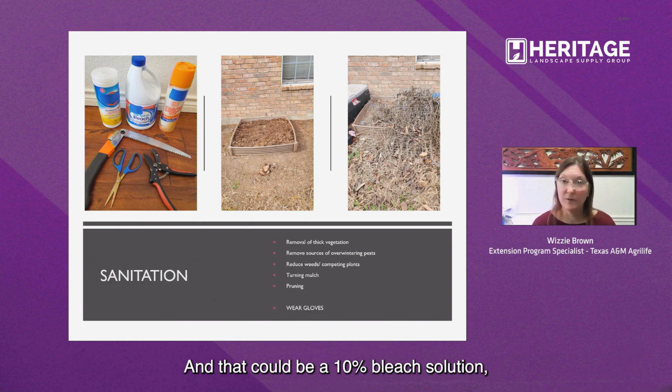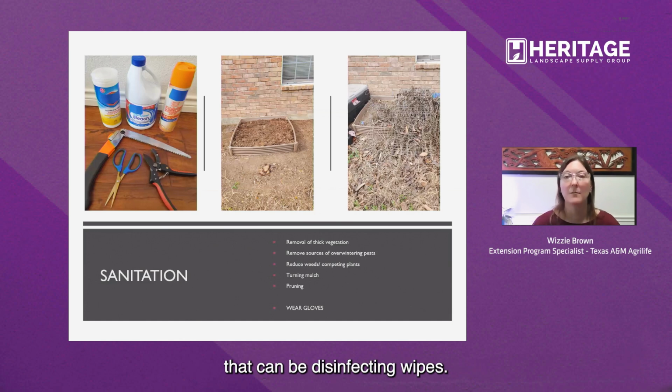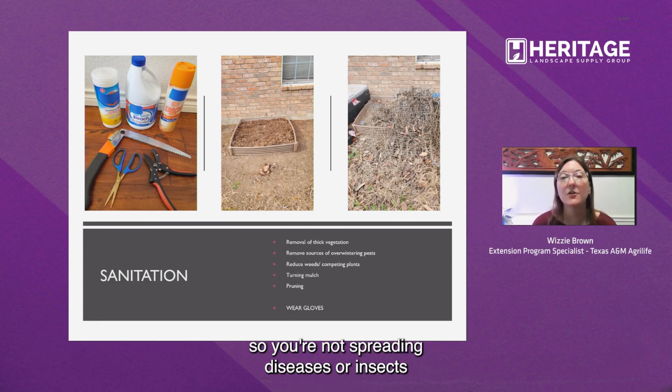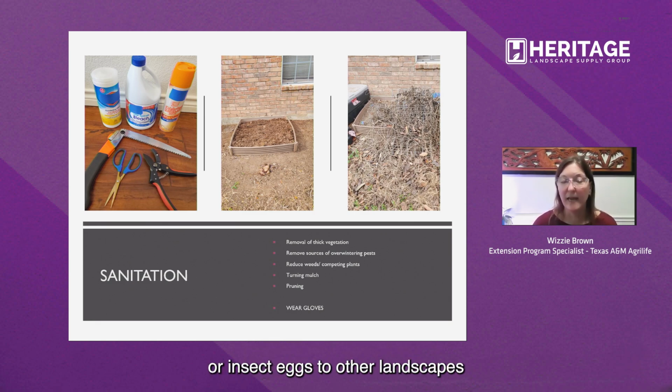And that could be a 10% bleach solution, a can of disinfectant spray, or disinfecting wipes. But just make sure that you are disinfecting those tools so you're not spreading diseases or insects or insect eggs to other landscapes or other parts of that landscape.